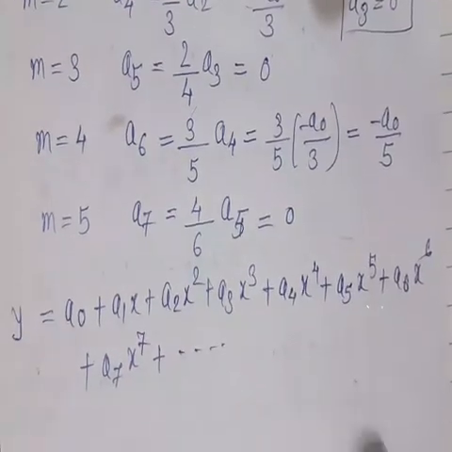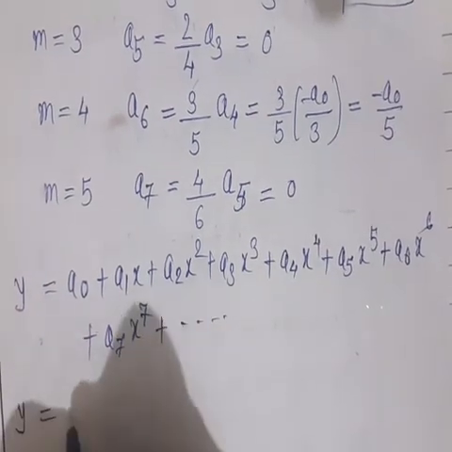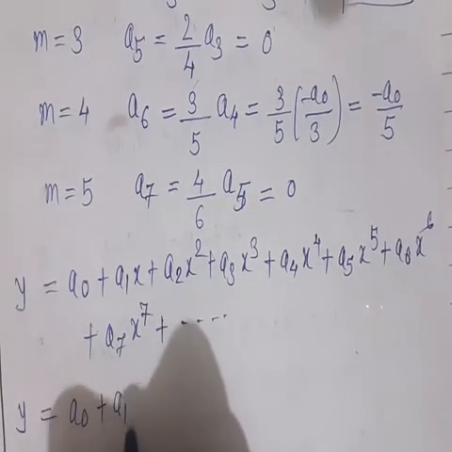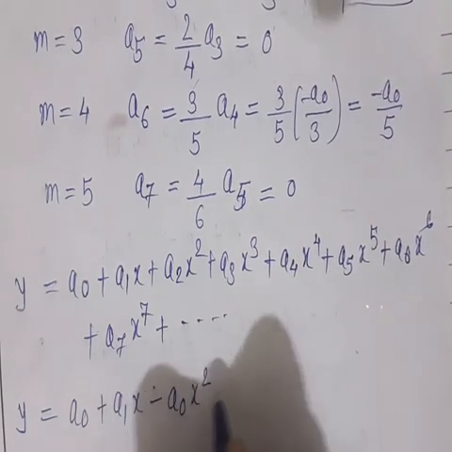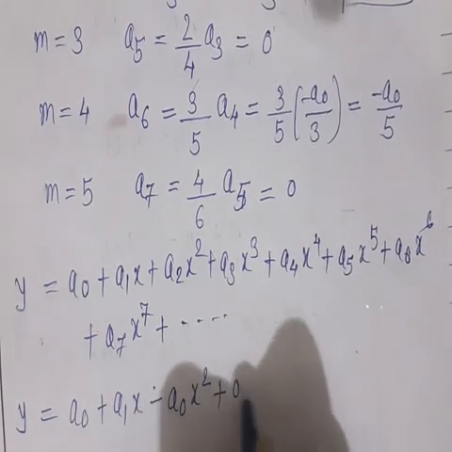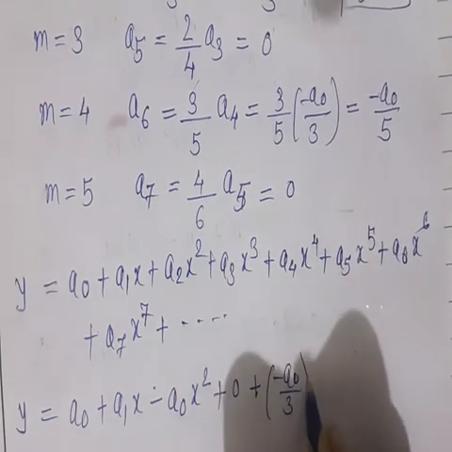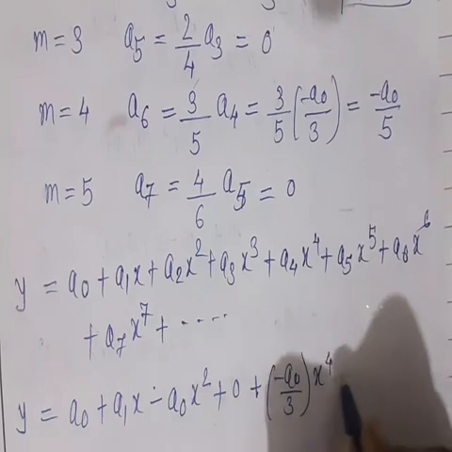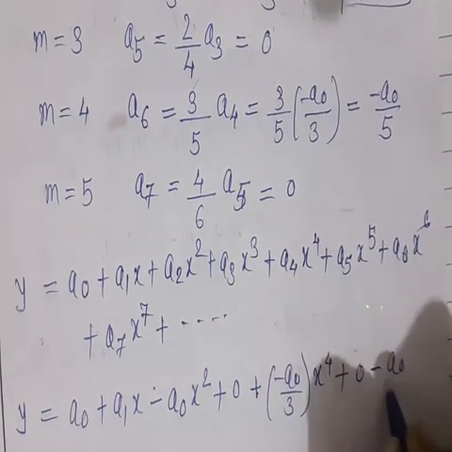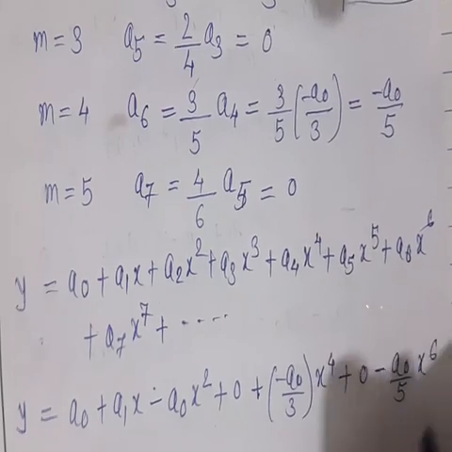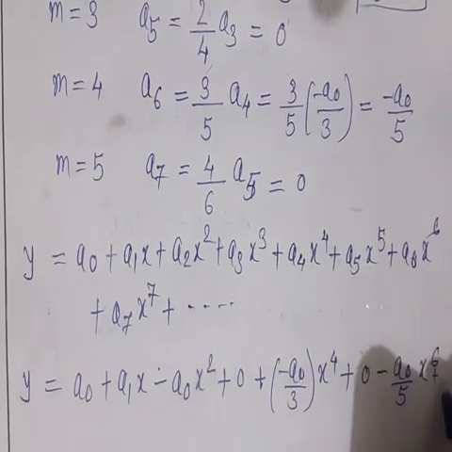So substituting all these values, y is equal to a0, a0 remains as it is, a1x remains as it is, plus a2 can be written as minus a0x square, a3 is 0, then a4 is minus a0 by 3 x to the power 4, a5 is 0, a6 is minus a0 by 5 x to the power 6, and a7 is 0 and so on.